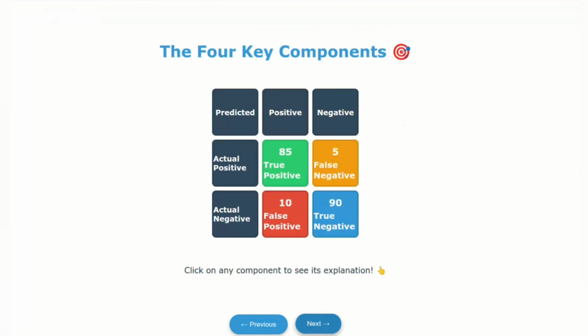Let's break down the anatomy of a confusion matrix. We'll start with a binary classification problem where we only have two classes to predict.